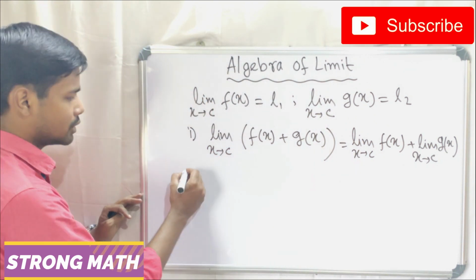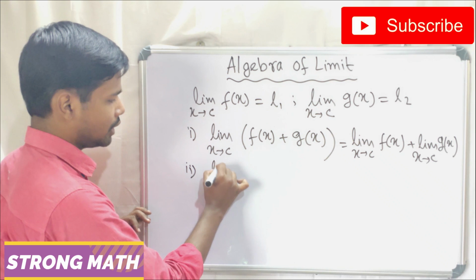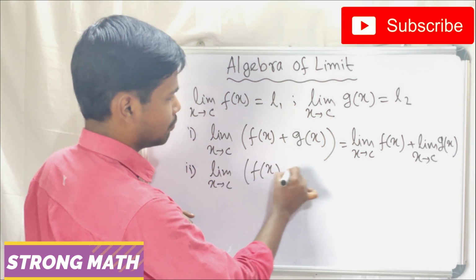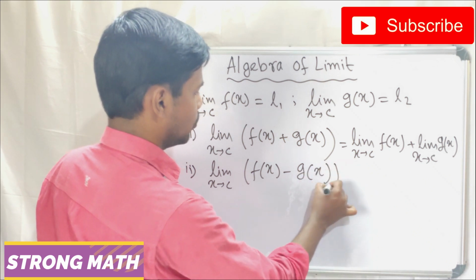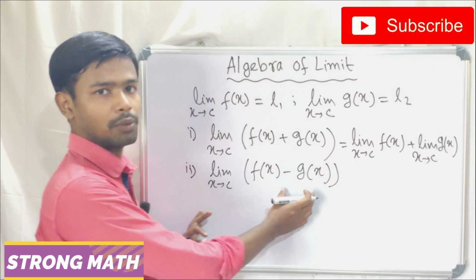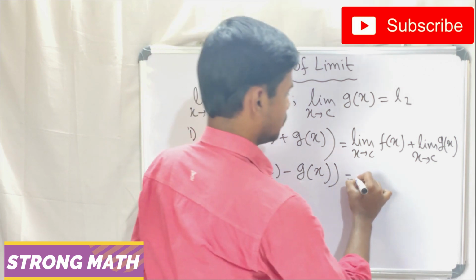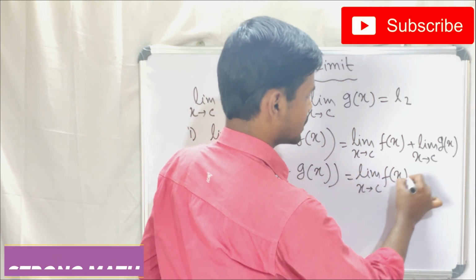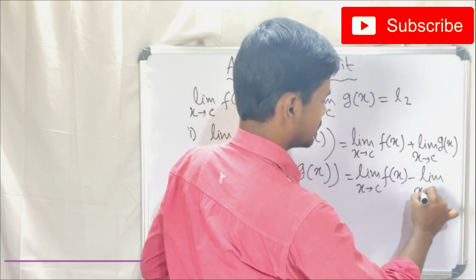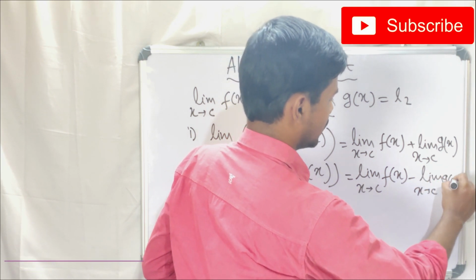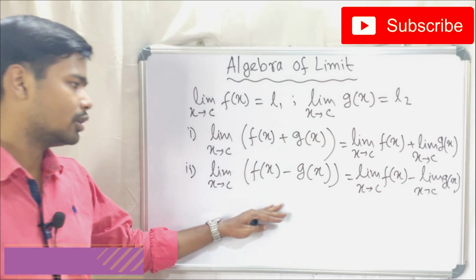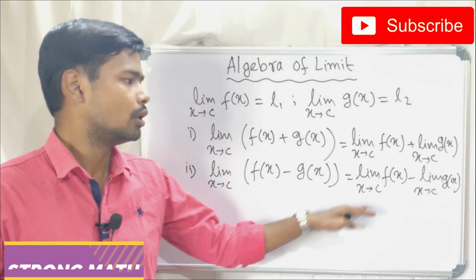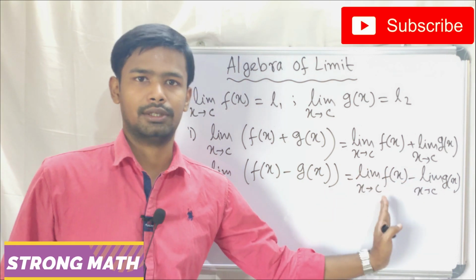Similarly, the limit as x tends to c of f of x minus g of x, that is we are taking the limit of the difference of two functions, equals the limit as x tends to c of f of x minus the limit as x tends to c of g of x. That is, the limit of the difference of two functions is equal to the difference of their limits.